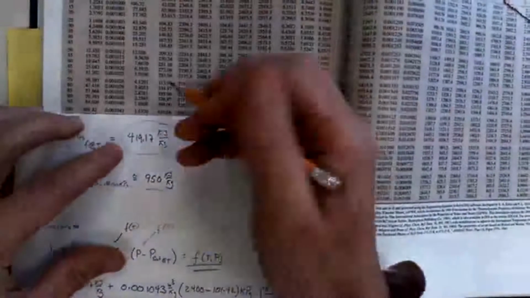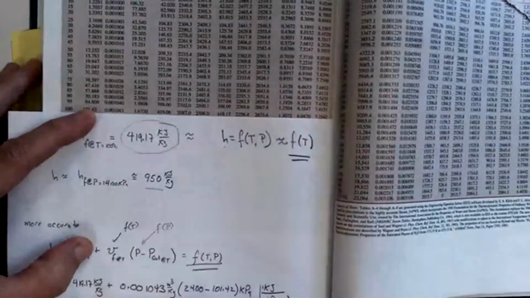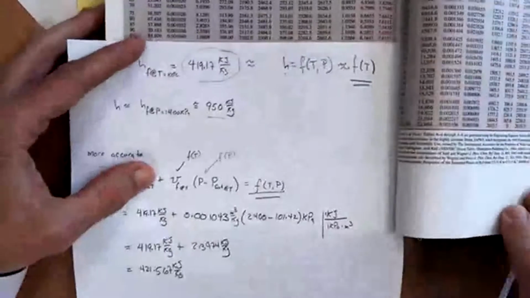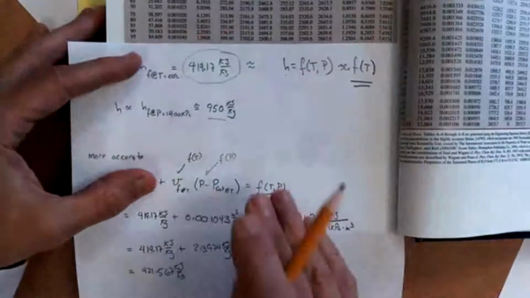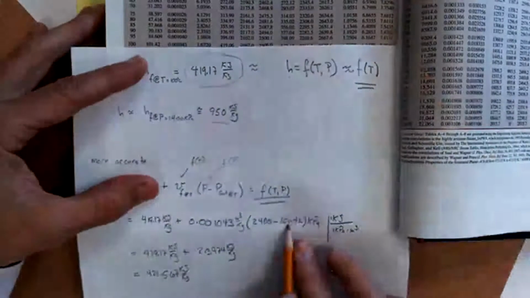So if I go back to the steam table, and I go to 100, and I get the saturated liquid value, h_f, at this temperature, and I get the saturated pressure. Wait a minute, where am I? Here I am. 102.42 here.